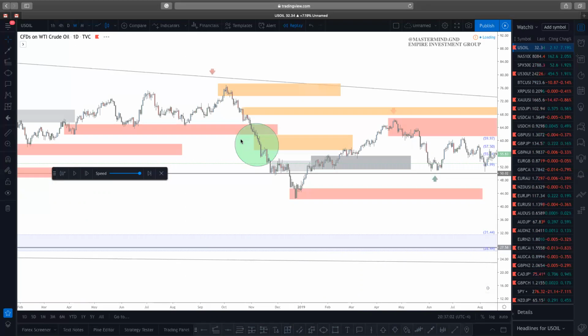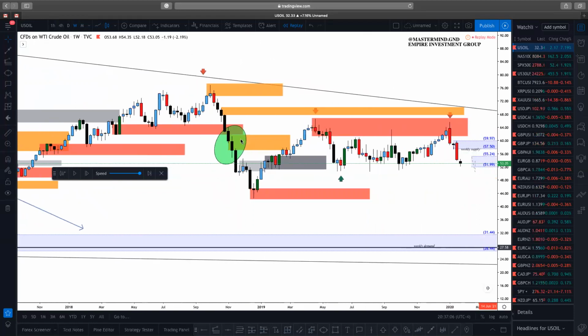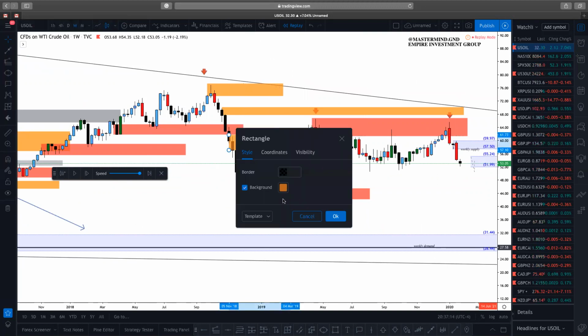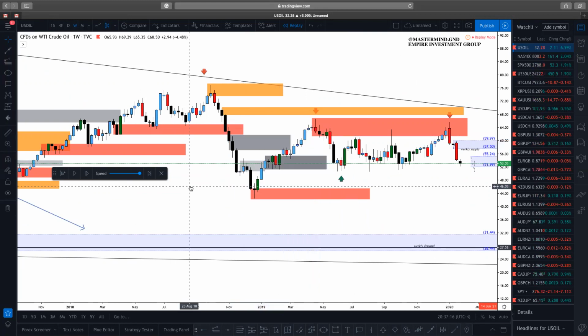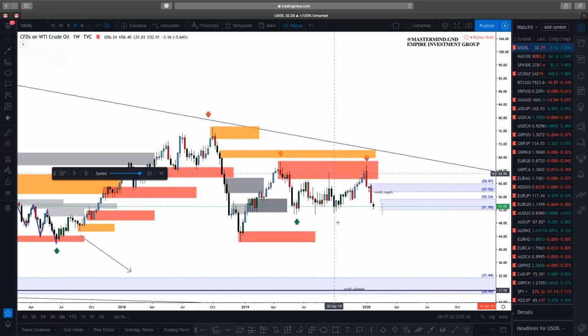But according to the rules of a base on the weekly time frame, less than 50% candle was a drop, base, drop. That was removed by this zone, and then this zone was removed by this zone, and then the market reacted twice off of that zone over there, right?